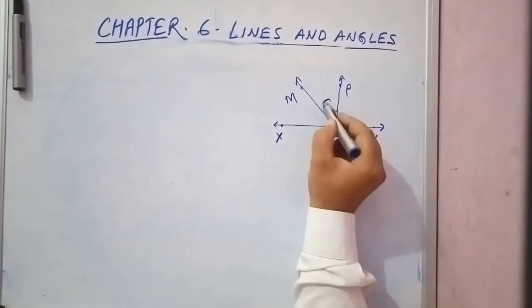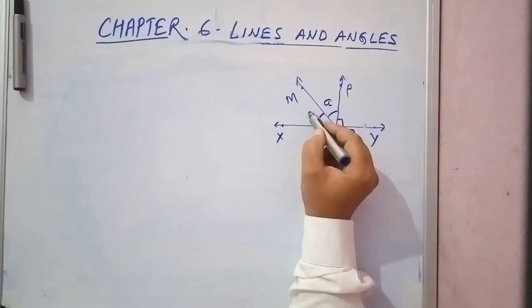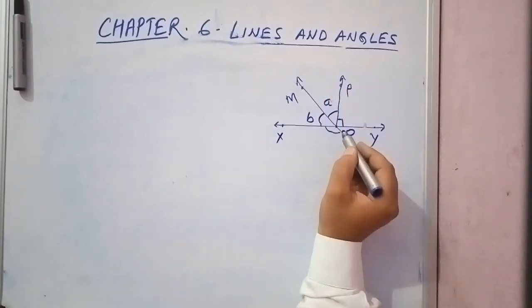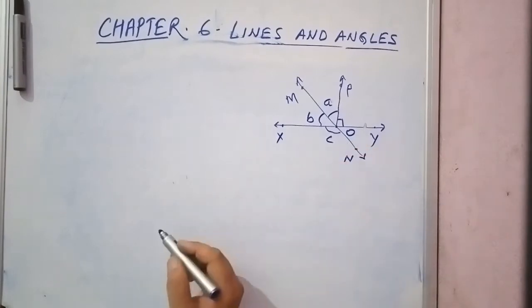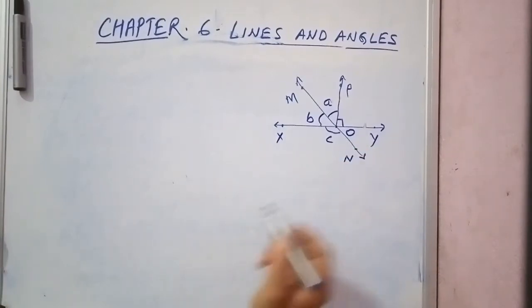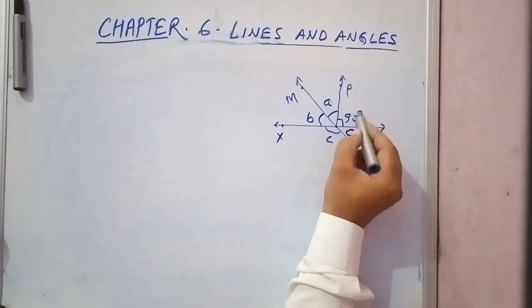Now this is angle a, this angle is b, and this angle is c. In the question, angle POY is 90 degrees.